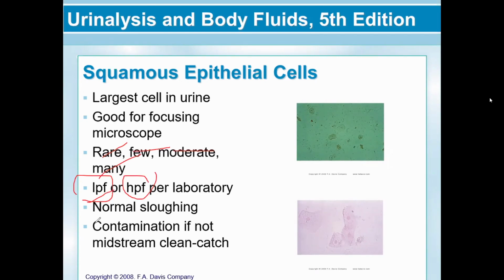So again, they're normal, they are actually from the normal sloughing of epithelial cells coming from the vagina or the urethra. Okay? So anong gagawin natin para maiwasan natin yung too much amount of these squamous cells? We collect midstream clean catch. Lalo na kapag babae yung iyong pasyente. Okay?